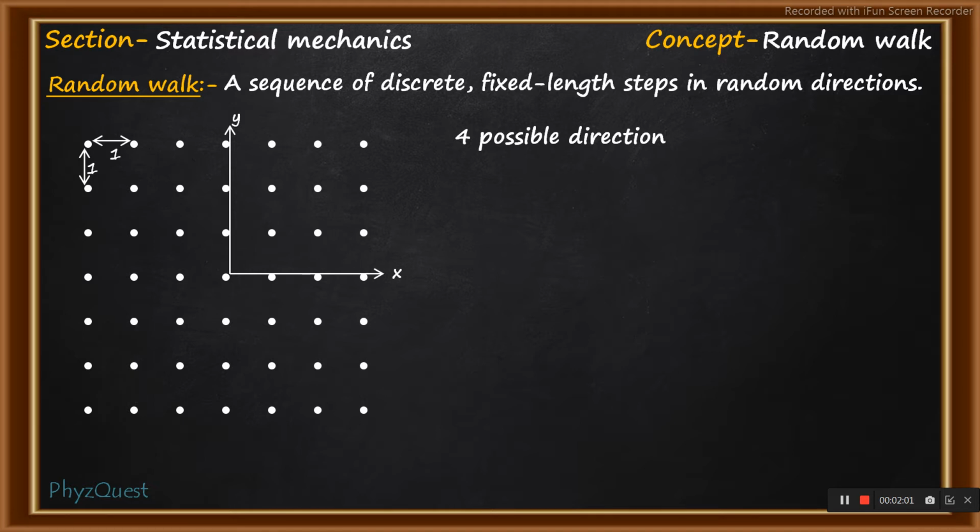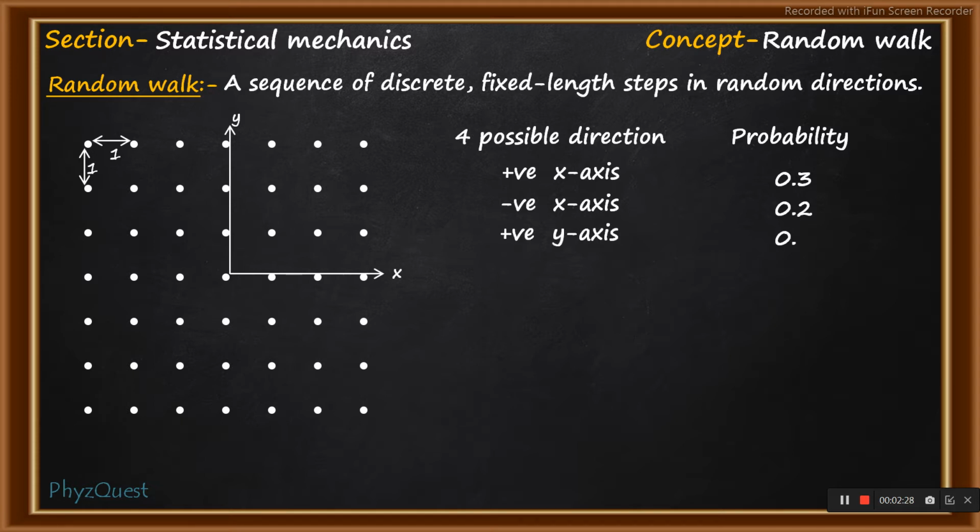Now the probabilities of the 4 possible movements are: for positive x direction the probability is 0.3, for negative x direction 0.2, for positive y direction 0.2, and for negative y direction 0.3. Now initially the particle is at origin.